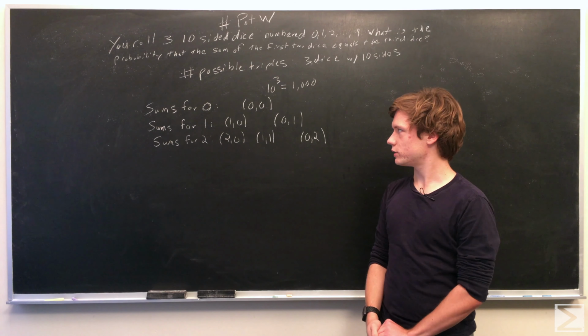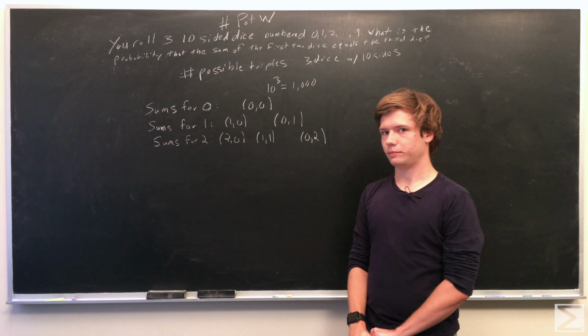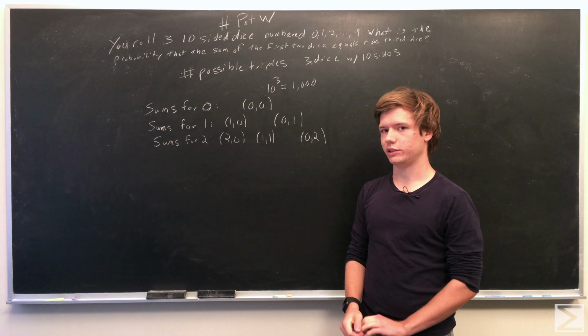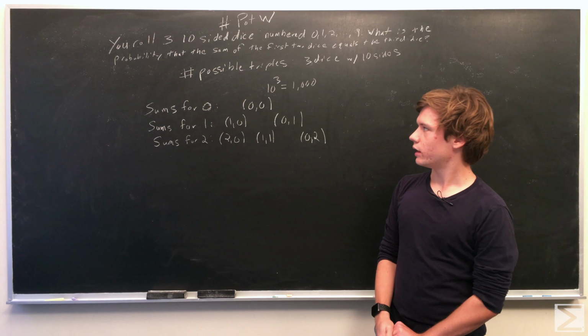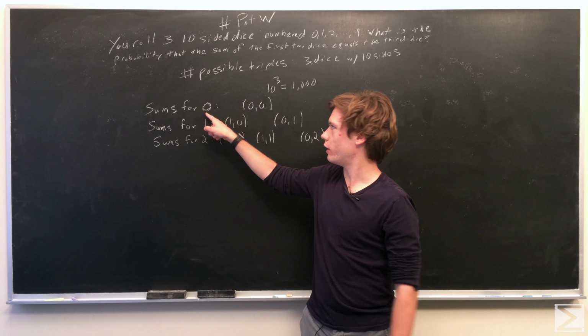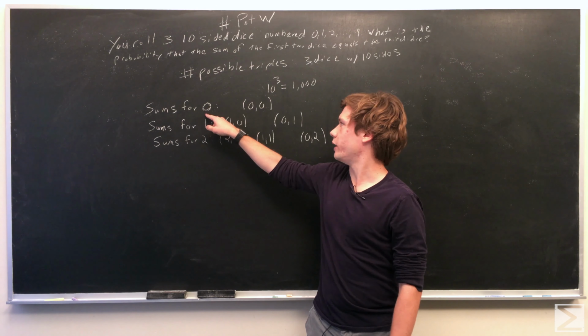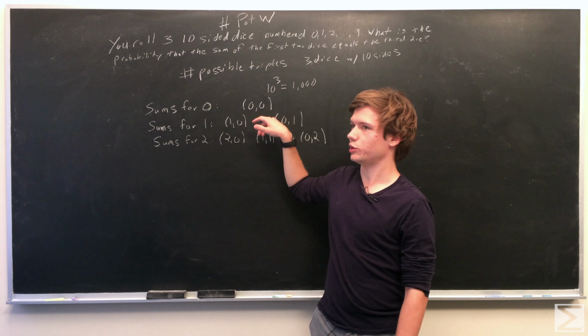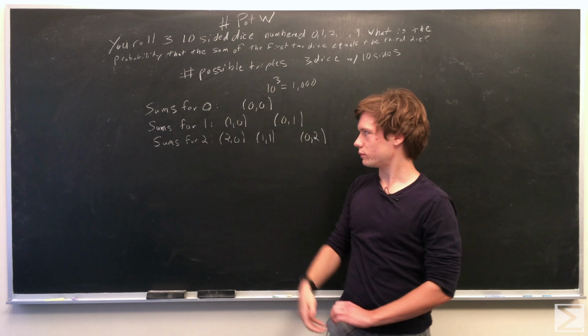So by doing this, we can see that for each value of the third die, the number of possible combinations of the first two dice is 1 greater than that value.